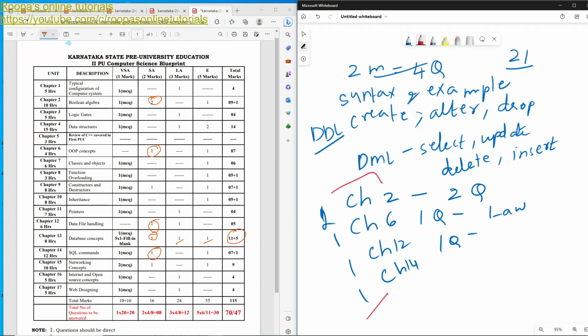So these 4 chapters, if you're learning thoroughly, you can do well, not that you skip the other chapters. Please let me make that clear. Please don't skip the other chapters. But if you are thorough with 4 to 5 chapters, then the chances of you doing better is always there. So I would not say that, okay, ma'am told in the video, then we skip the chapters. Don't do that.